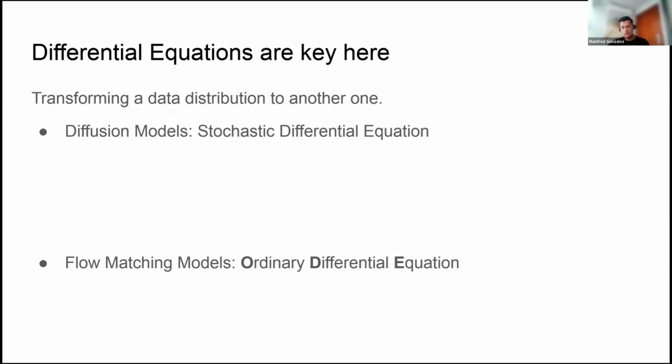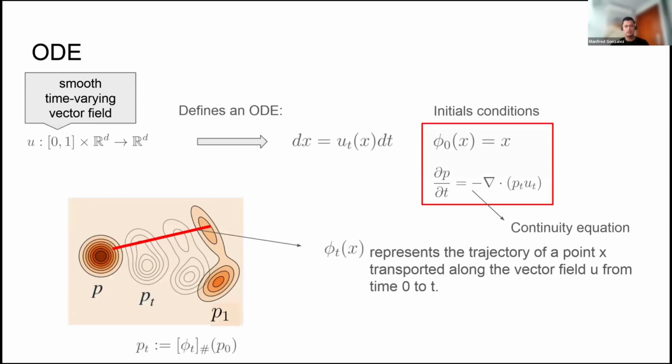But in flow matching, we are using an ordinary differential equation. How does this look? Well, basically, you define a smooth time-varying vector field, U. This vector field is going to help you guide your distribution from one distribution to another one. With this vector field, you define the ordinary differential equation, and you have two initial conditions.